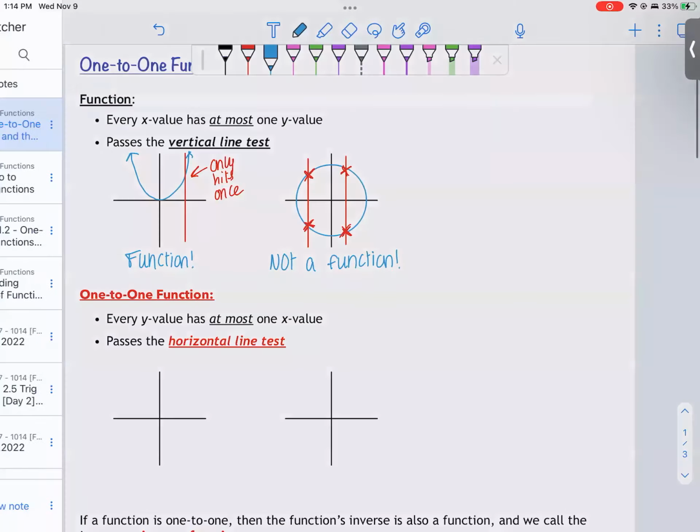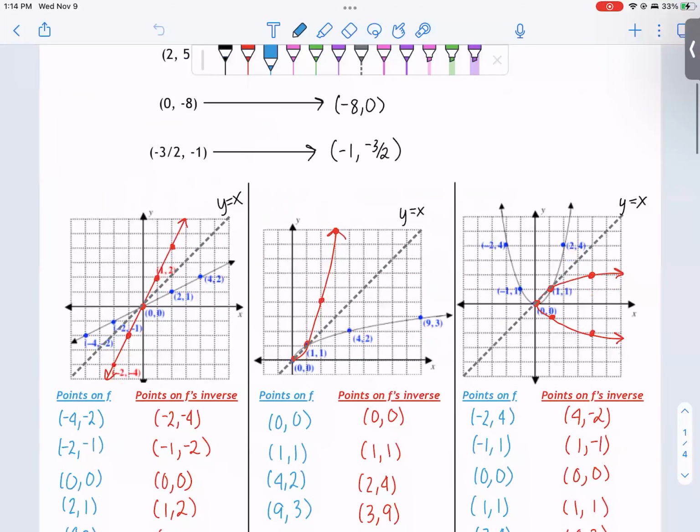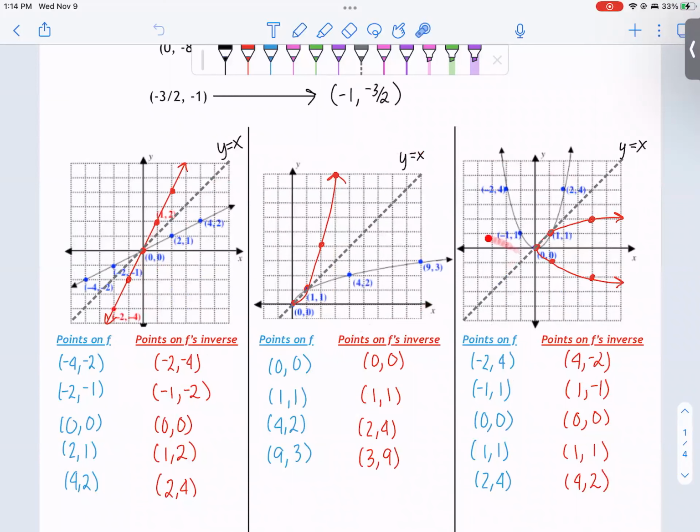Now, if we go back to our previous video that we did, and we look at these inverses that we drew, think about whether or not the inverse represents a graph of a function. So if I'm just looking, ignoring the original function, but just looking at the red ones I've drawn, this guy right here represents a function.